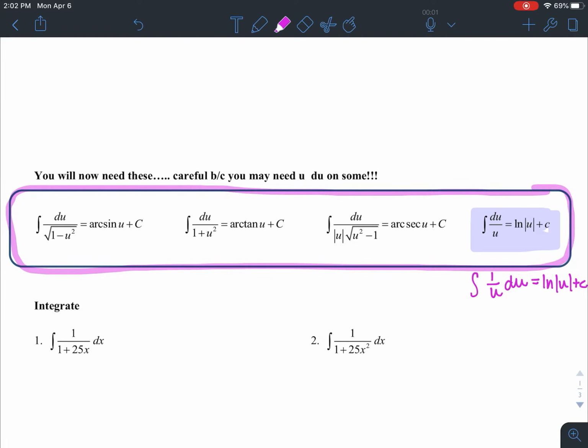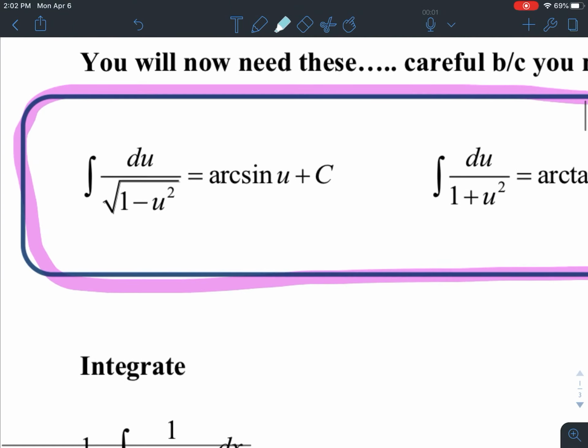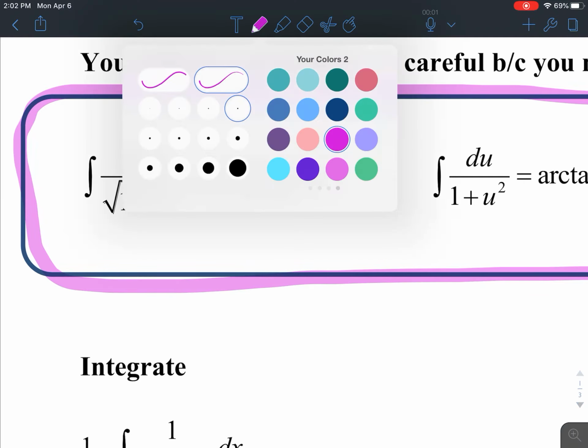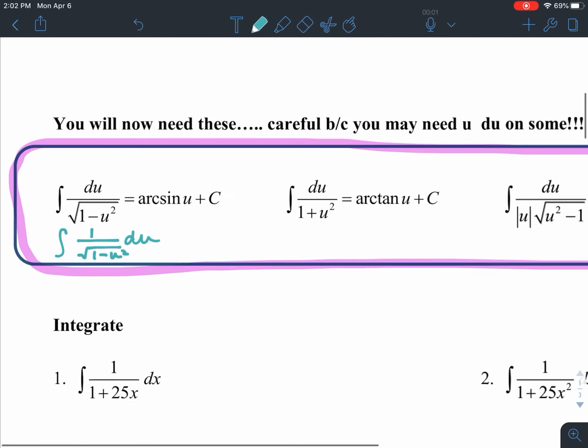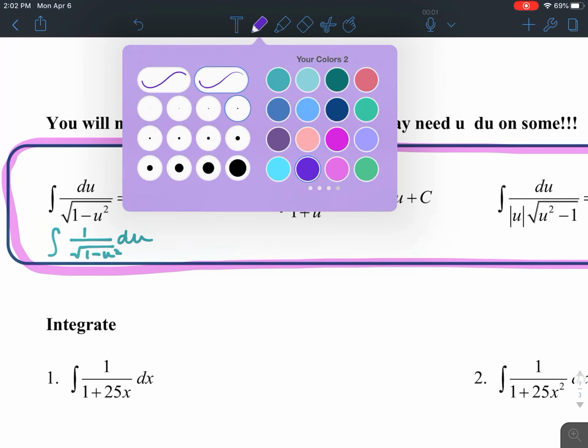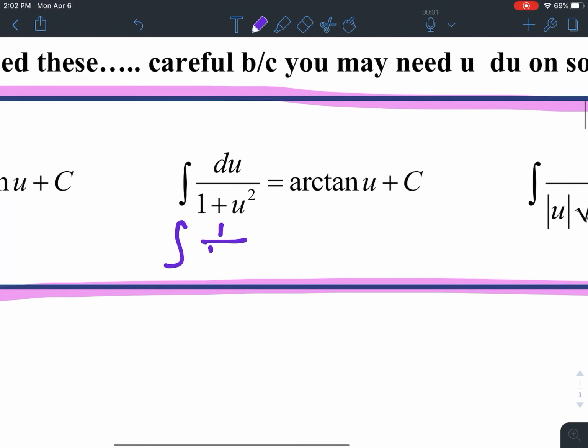Now, notice, how do we tell the difference? If we look at arcsine, a lot of times we like to write this as the antiderivative of 1 over the square root of 1 minus u squared du. This one here is for tangent: 1 over 1 plus u squared du.